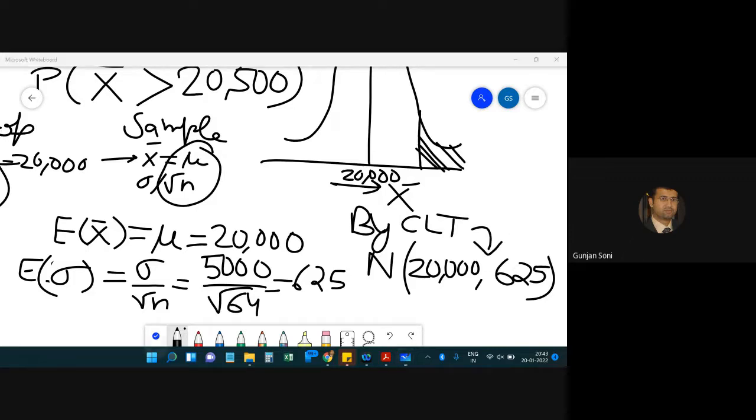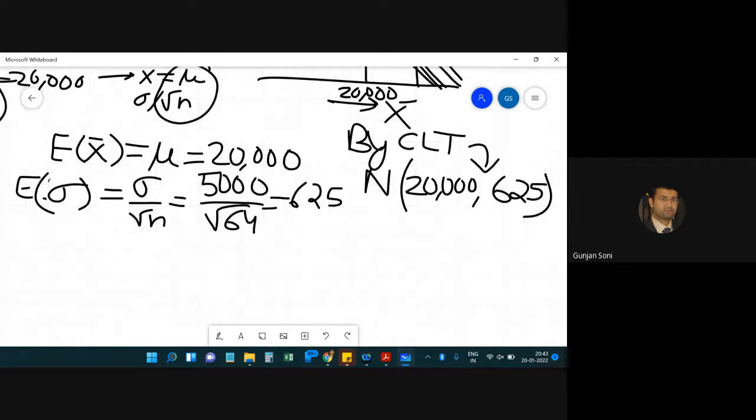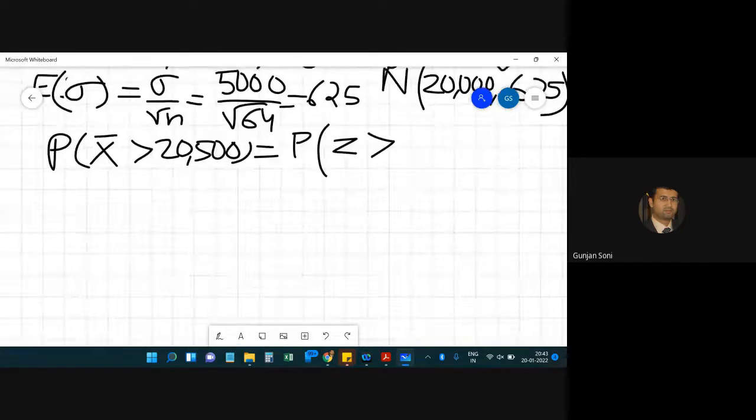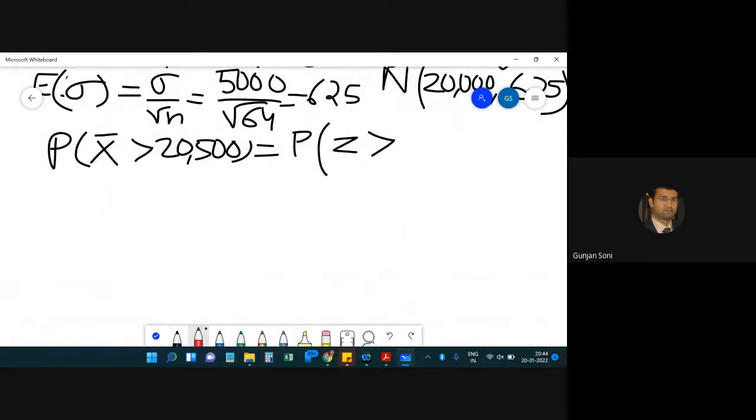Now, next thing we have to do is find out the probability that X bar is greater than 20,500, which will be equal to the probability that Z is greater than some value. So let's find out that value of Z which we are interested in.